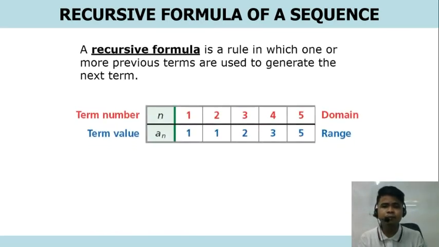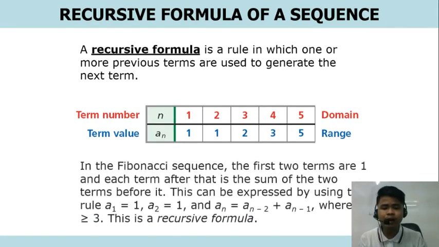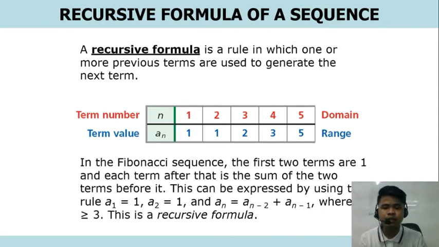Okay, the best example of number pattern or sequence that applies a recursive formula is the Fibonacci sequence. Okay, ano ba ang Fibonacci sequence? In the Fibonacci sequence, the first two terms are 1, and each term after that is the sum of the two terms before it.